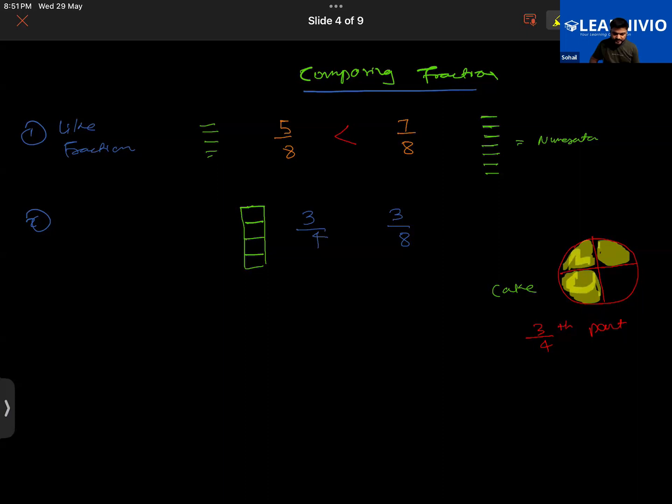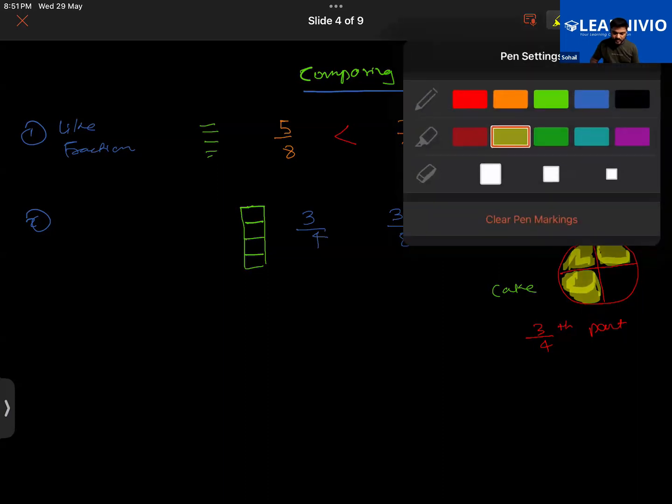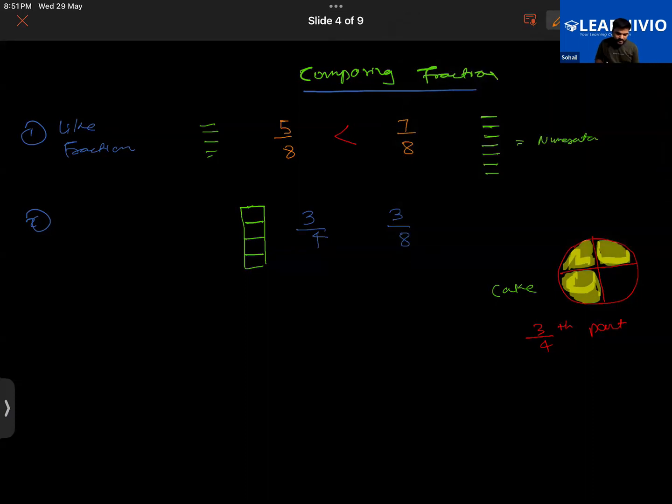Is that clear? Okay. Now here you will shade 3 parts, 1, 2, and 3 out of 4.